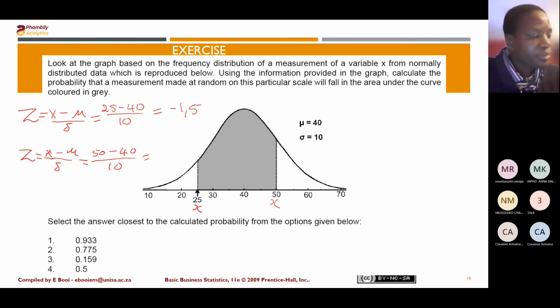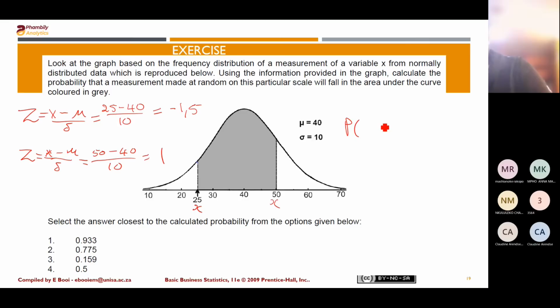Next one, it's 50 minus 40, divided by 10, and the answer is 1.